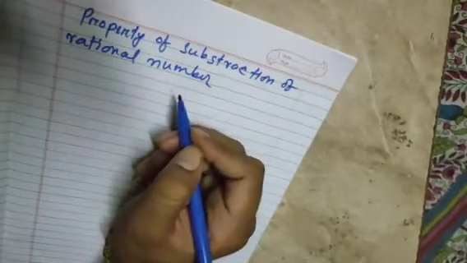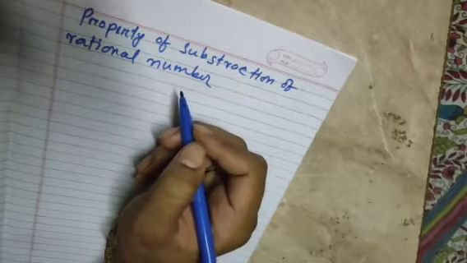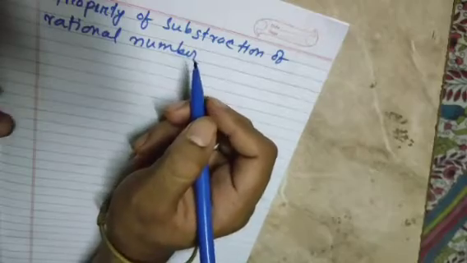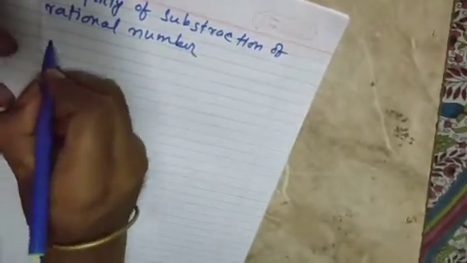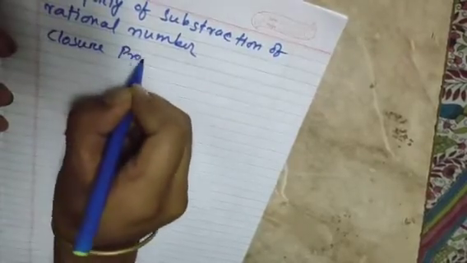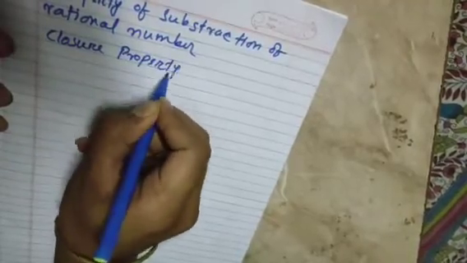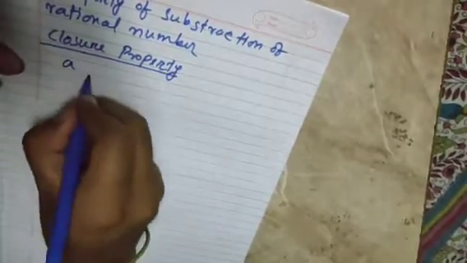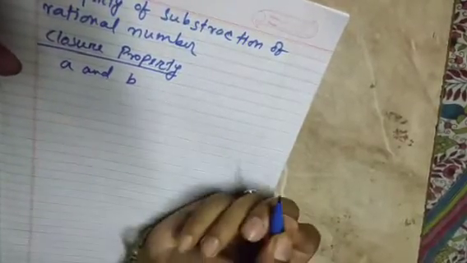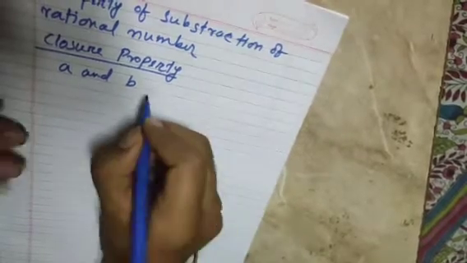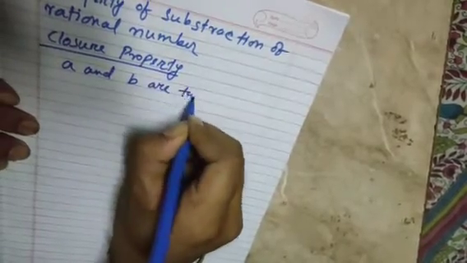Next we have the properties of subtraction of rational numbers. Earlier we learned about addition of rational numbers. Now we are going to find the properties of subtraction of rational numbers, and for this we have, first, the closure property. Same case, consider any two rational numbers, say a and b.